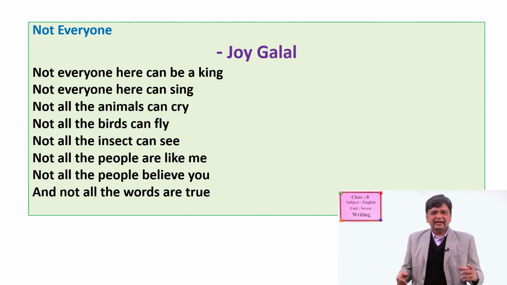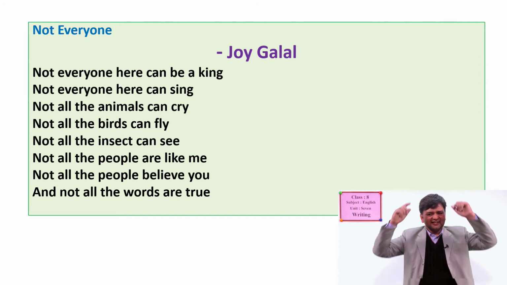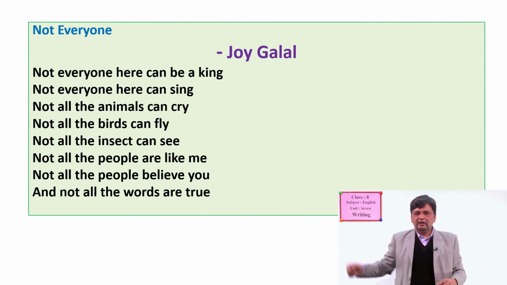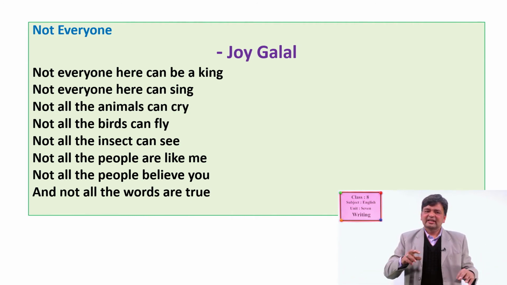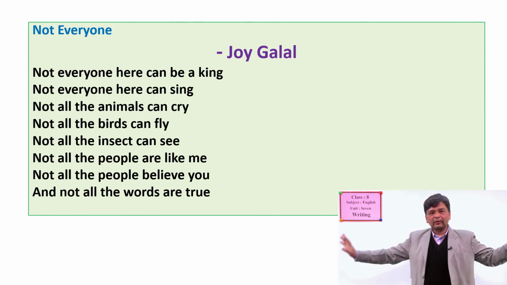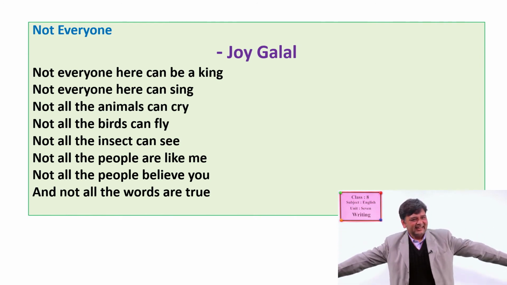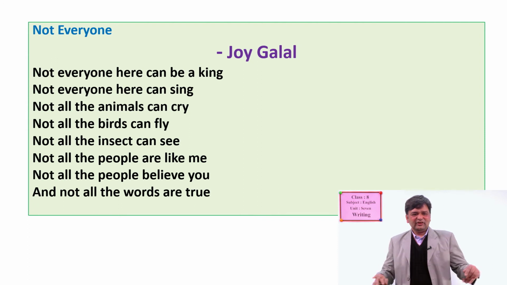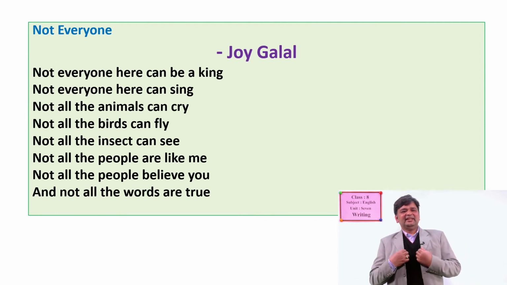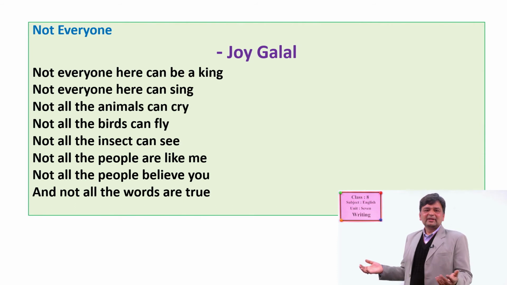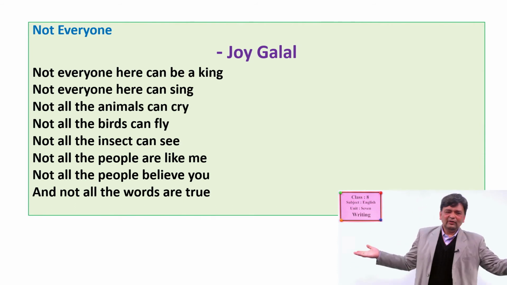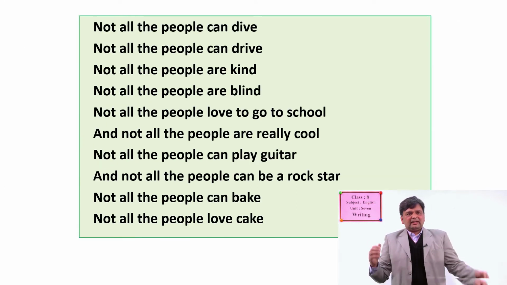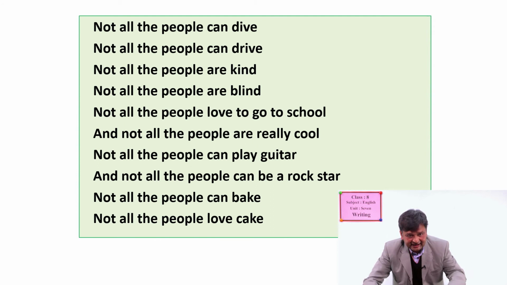Not everyone here can be a king. Good. Not everyone here can sing. Not all the animals can cry. Not all the birds can fly. Not all the insects can see. Not all the people are like me. Not all the people believe you. Not all the words are true. Not all the people can dive.